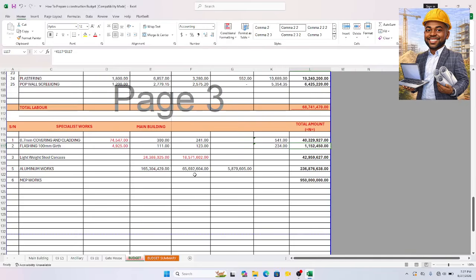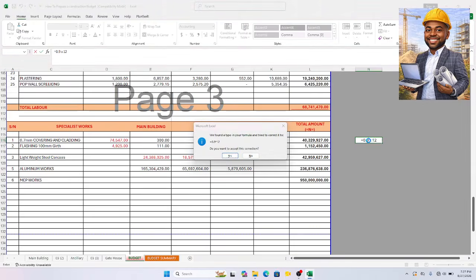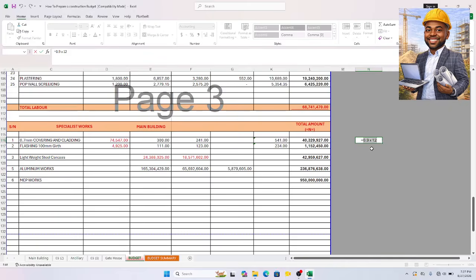And for this steel, I'm using my hand to point. If I want to find the number of sheets, this is 0.9, let's say long span, by 12 meters. So 0.9 times 12 is this.